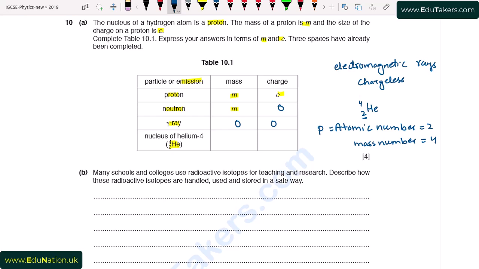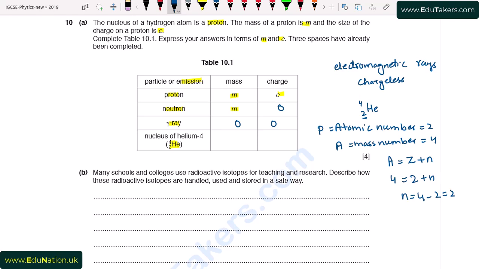So we have to calculate the number of neutrons here. Mass number A is equal to Z, the atomic number, plus the number of neutrons N. So 4 is equal to 2 plus N, so the number of neutrons comes to be 4 minus 2, which is 2. So here are 2 neutrons and 2 protons.